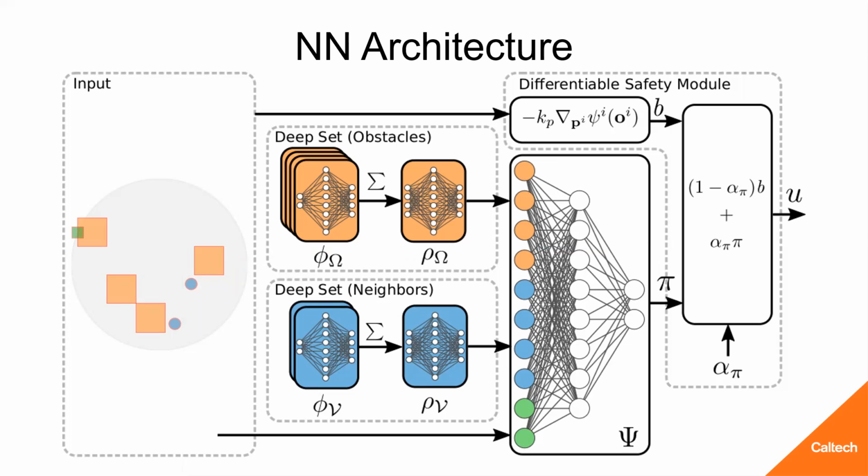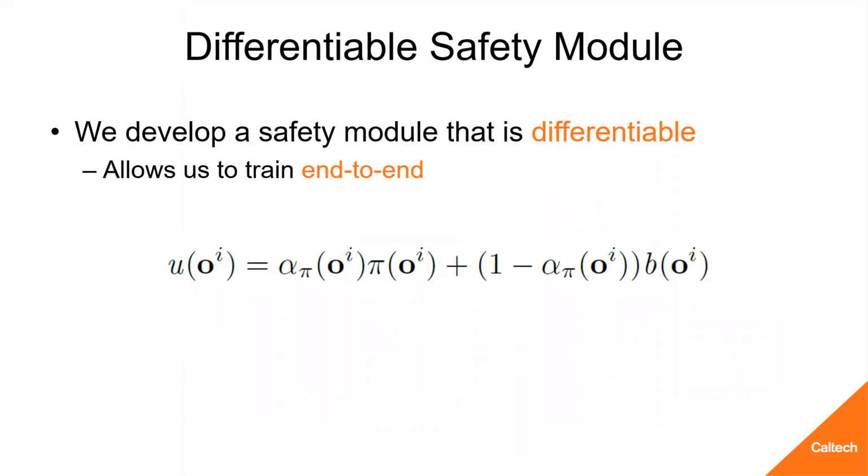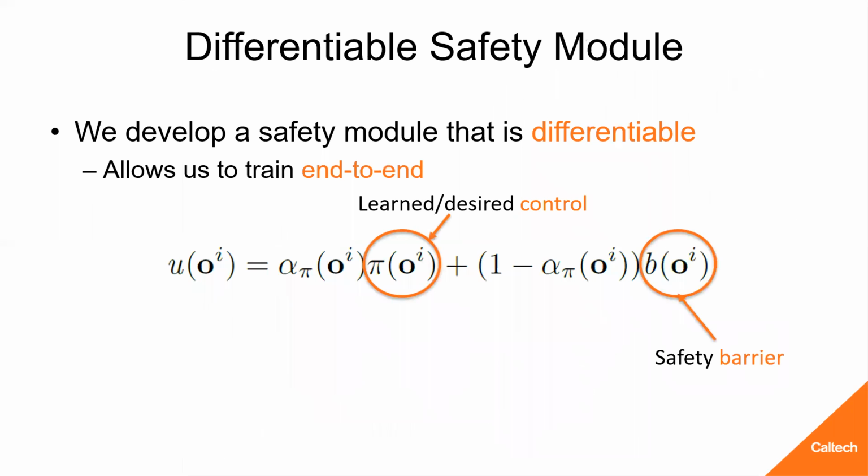The idea is that we have multiple components. One component, pi, is basically our learned or desired control. And then we have a safety barrier.